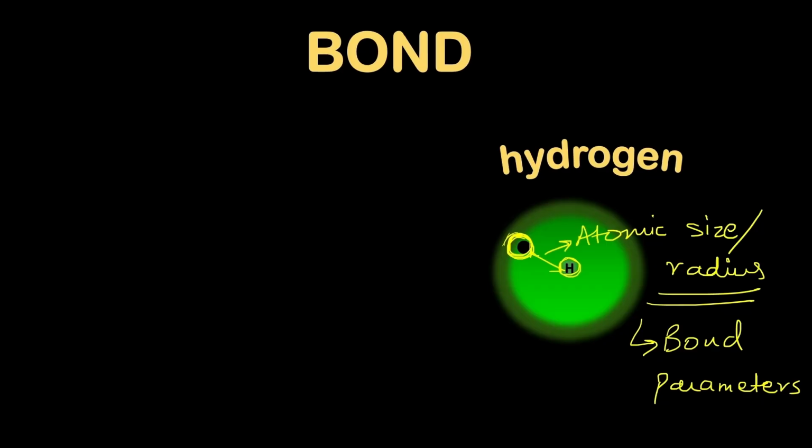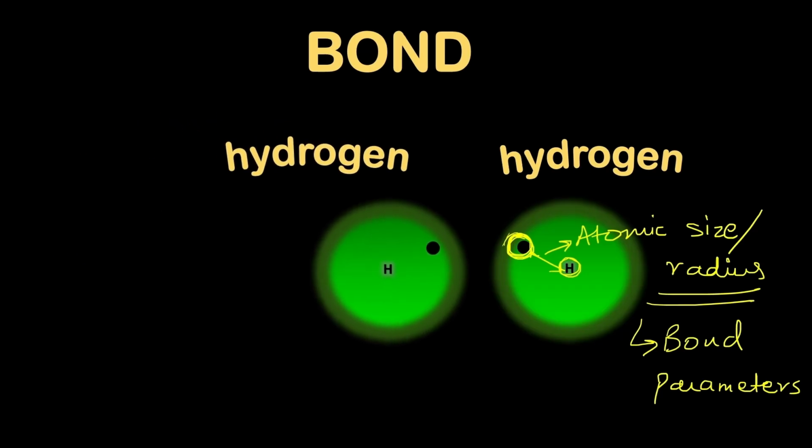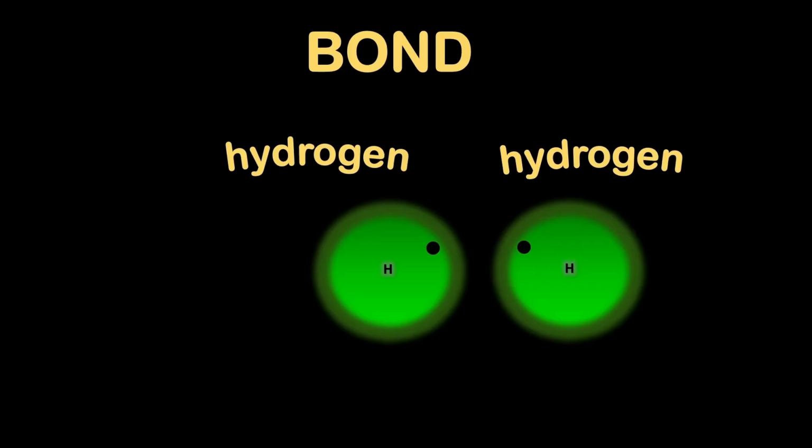Well, looking at the bond formation, we got to have the interactive forces in play. So whenever we see two atoms interacting or getting into the bond formation, there are these electrons which try to interact with each other, giving rise to a repulsive force.